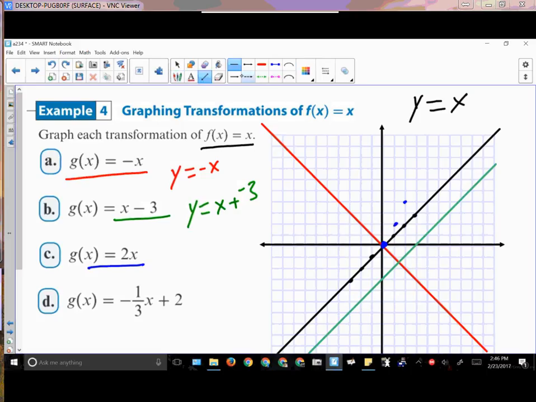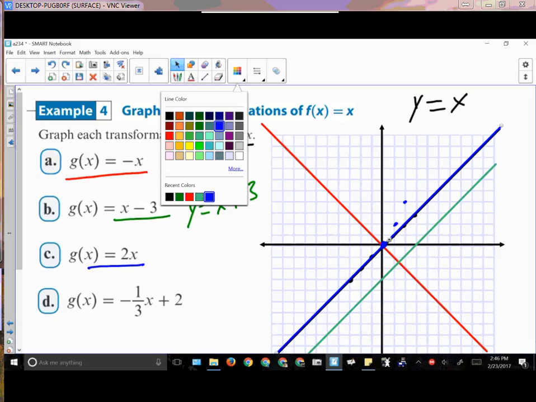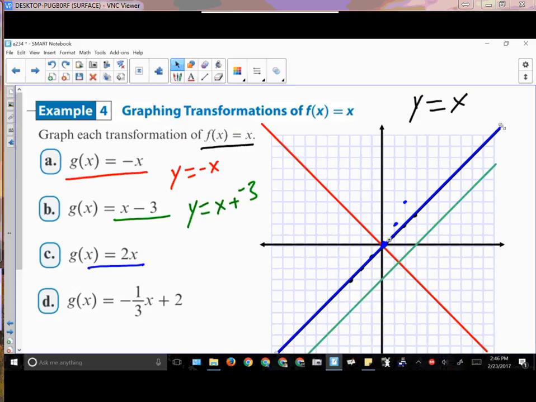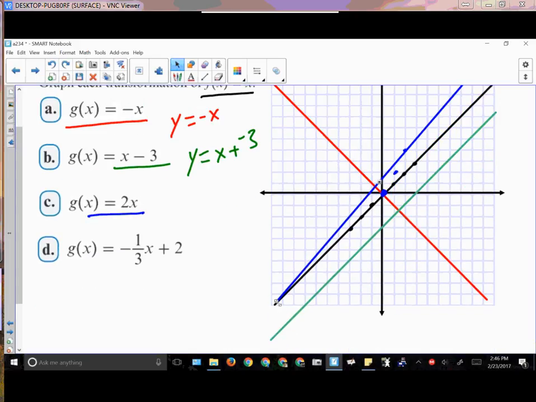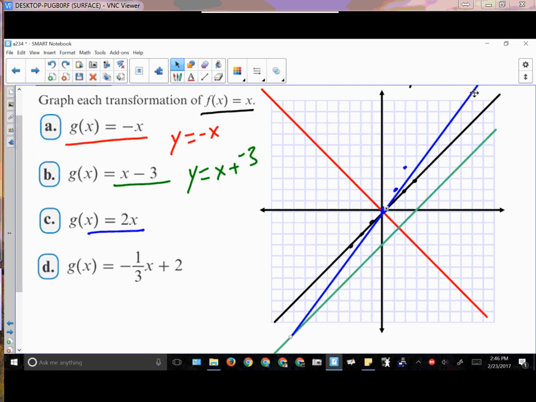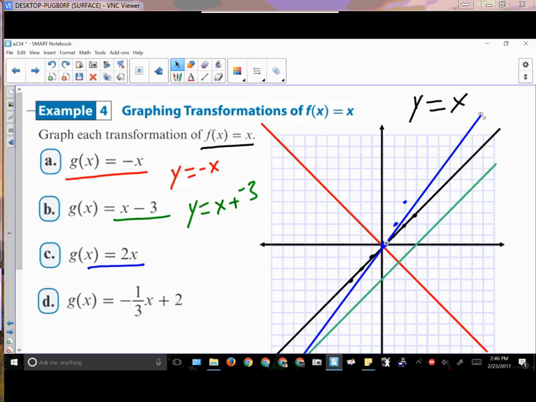So what I'm going to end up having to do with that, I suppose I could just go back here, drop my line in here, but say it's got to go like this. It's going to end up changing its slope. So there's not much I can do about that right now. It goes up there.